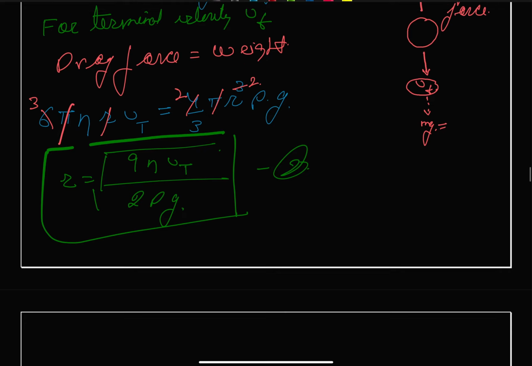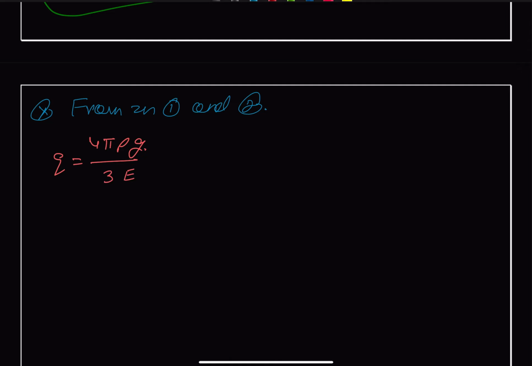So using equations 1 and 2, we can write our charge Q is equal to 4 pi rho g divided by 3 times the electric field, times the value of r, that is 9 nu Vt divided by 2 rho g, raised to power 3 by 2.